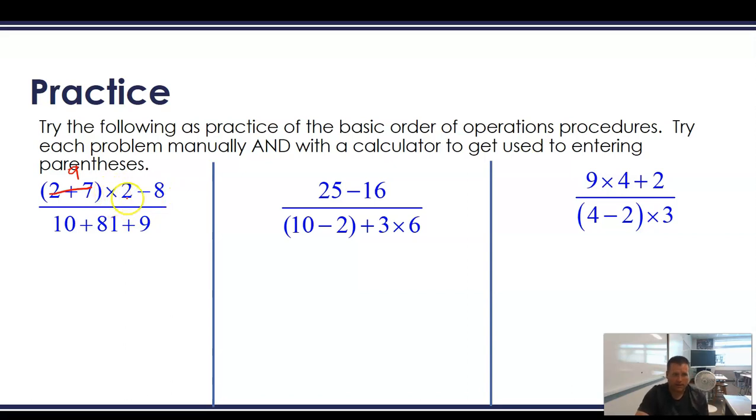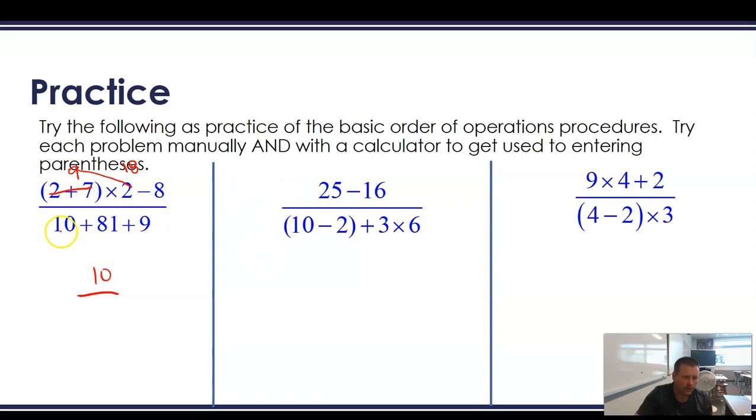So you should say, hey, I'm going to do my timesing first. So 9 times 2 is 18. Okay? So that's going to give me 18. And then minus 8 is going to give me 10. So that's what my numerator should be done. And I take care of that grouping first. My denominator is nice because I just have to go ahead and add everything.